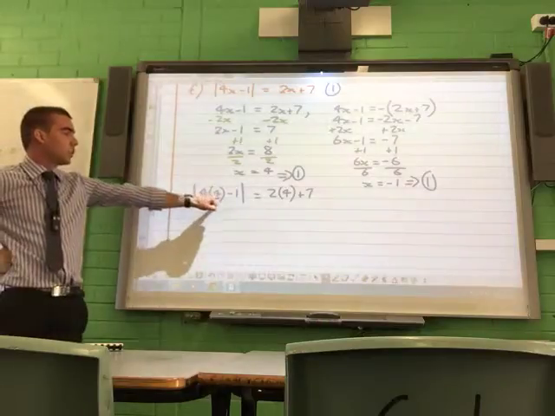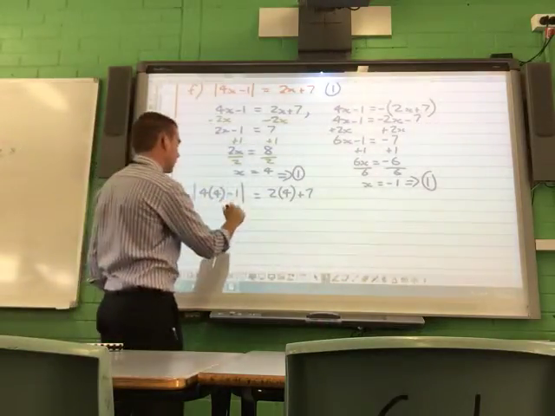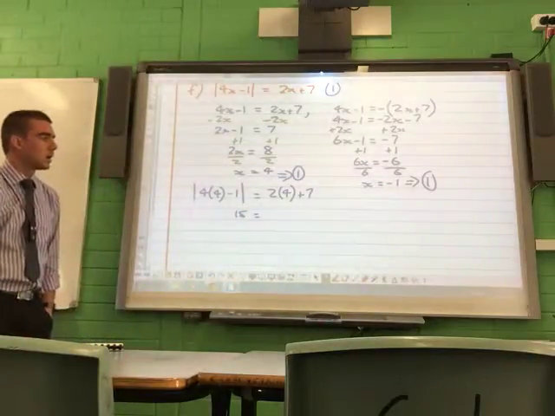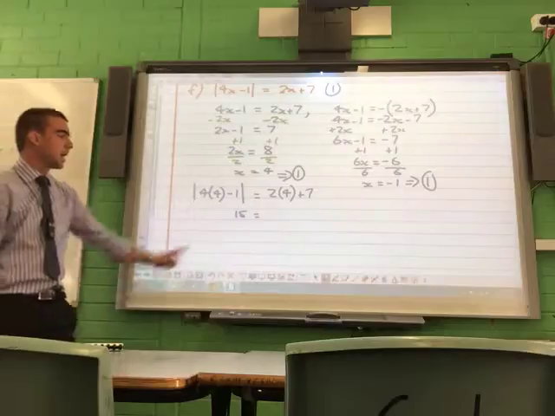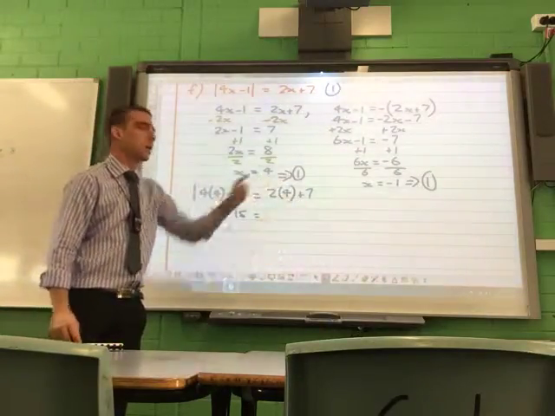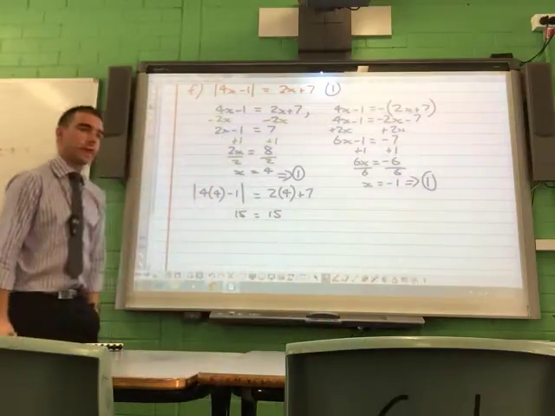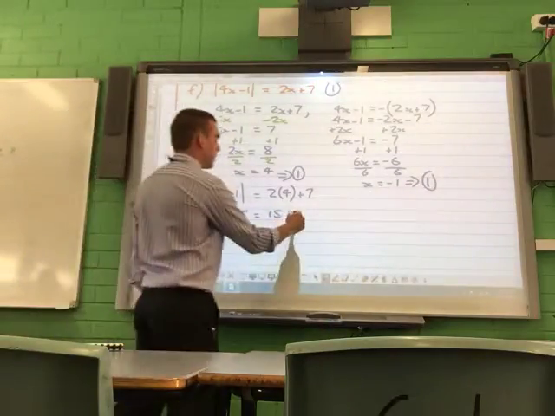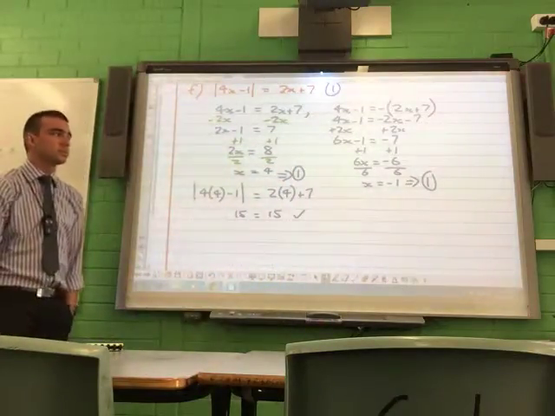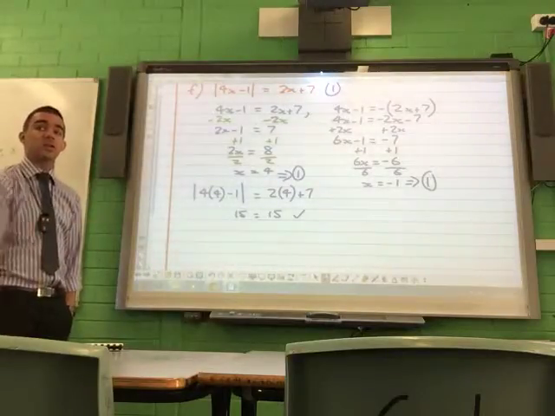So 4 times 4, which is 16, take away 1, which is 15, take the absolute value, and I'll get 15. And on the right hand side, I've got 2 times 4, which is 8, plus 7. 8 plus 7 is also 15. Okay, that will mean that this particular solution works. So not both of them don't have to work. Okay, and that's why we need to check.